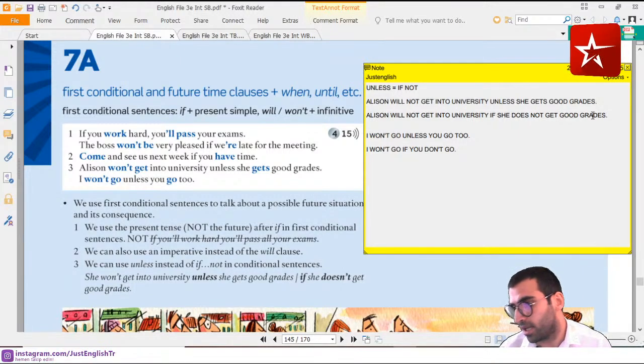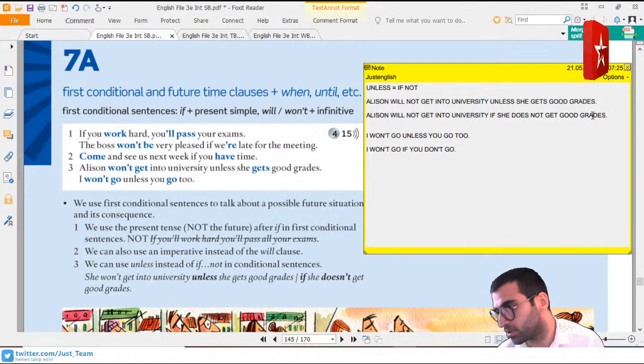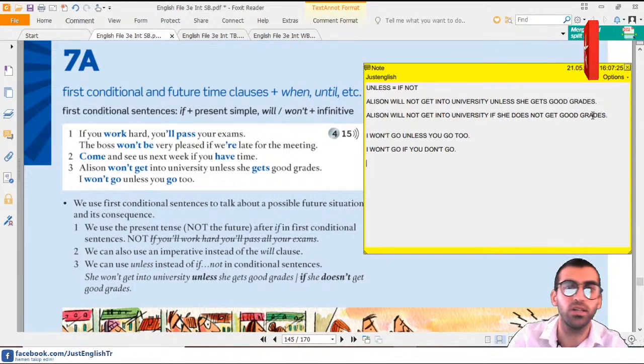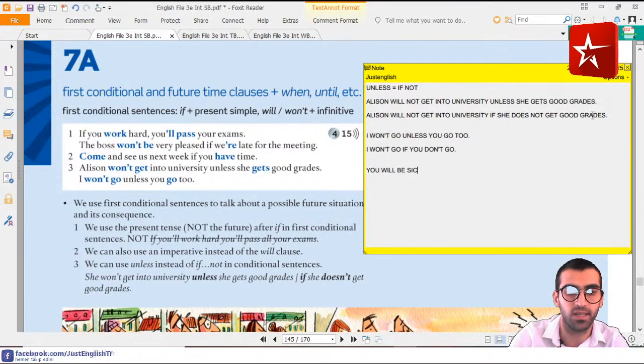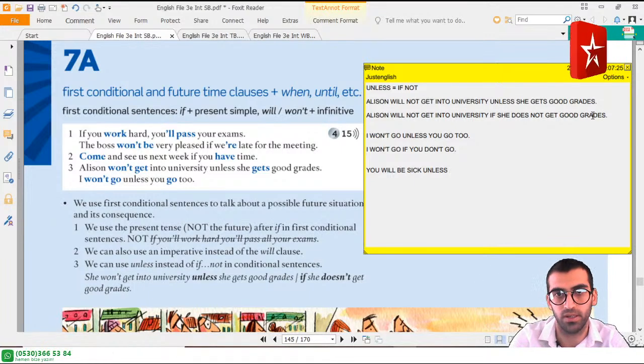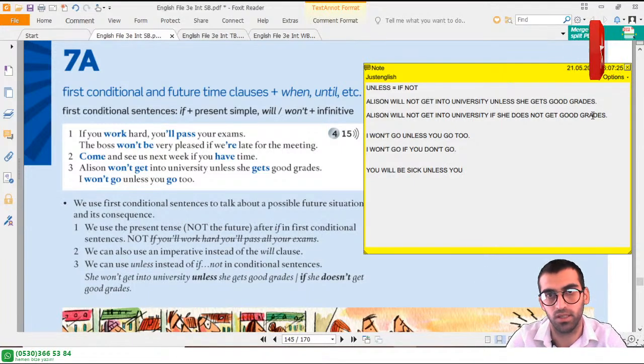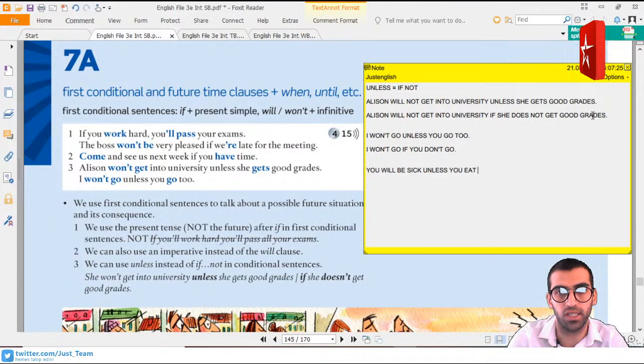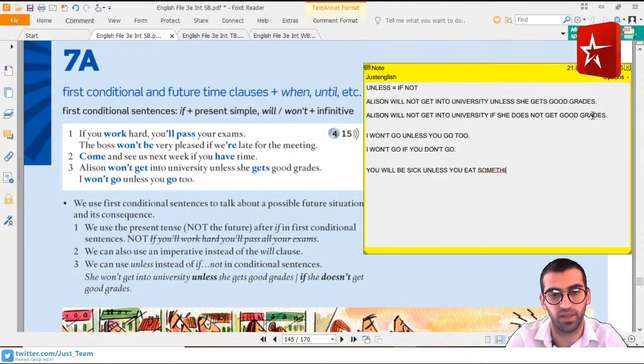Hi, Mr. Halil. Hi, Nesim Tifti. Hi, Azime. And Salah says, you will be sick unless you stop eating. Yes, or we can say, for example, you will be sick unless you eat something.